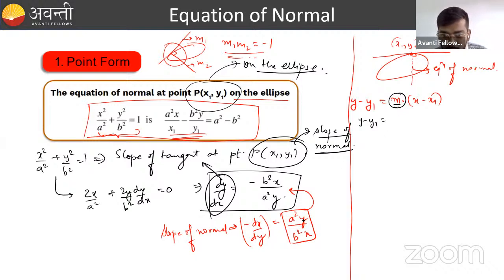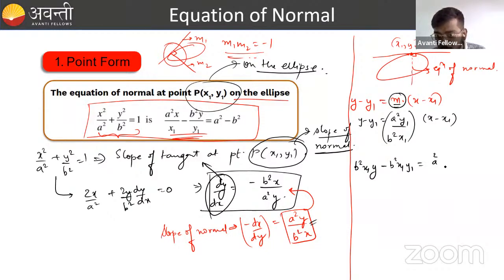So for normal, we already found out the slope will be a square y, so this y will be replaced by y1, and this b square x will become b square x1, since we are finding the slope at point x1 comma y1. Now I will write this x minus x1. So after simplifying this, I will get b square x1 into y minus b square x1 y1 equals to a square y1 into x minus a square y1 x1.